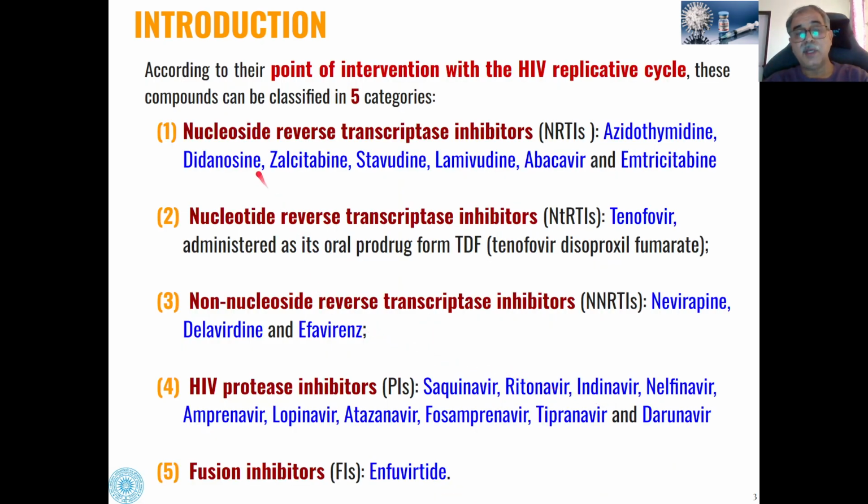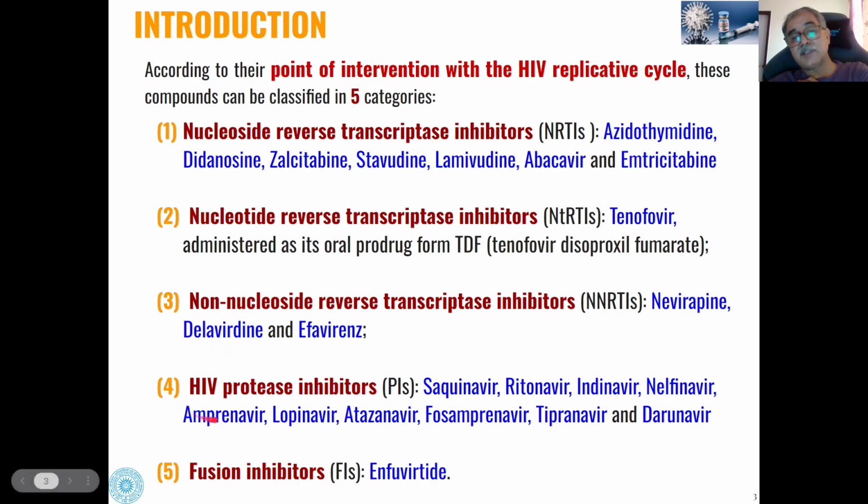Now, as you know, to control the HIV replicative cycle, we can use these five categories of antiviral compounds as drugs. One is nucleoside reverse transcriptase inhibitors, nucleotide reverse transcriptase inhibitors, non-nucleoside reverse transcriptase inhibitors, HIV protease inhibitors, and fusion inhibitors.